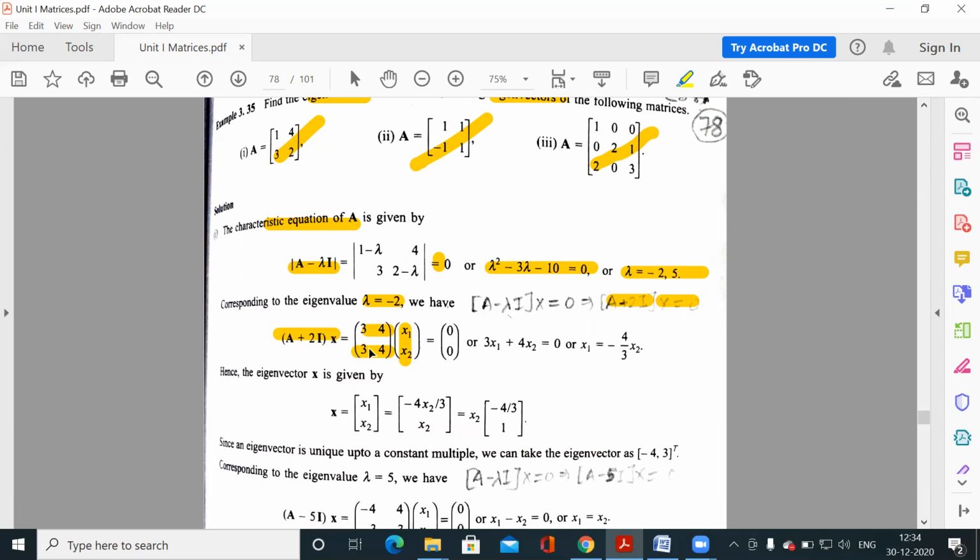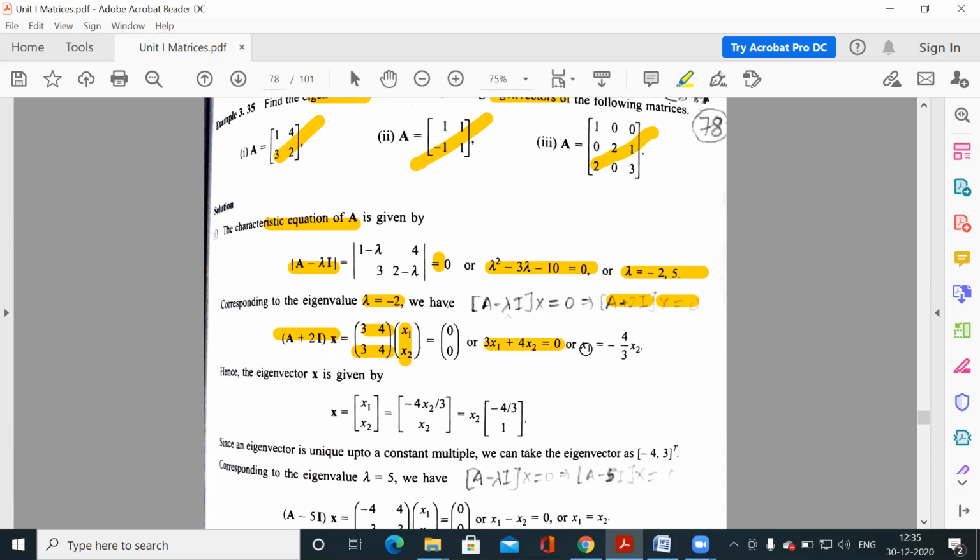If you solve this, because this is 3 4, you will make this in echelon form. Subtract this row from here: 3 minus 3, 4 minus 4, 0 0. So one row would be 0 and only one row is non-zero. How many variables are there? 2. So for 2 variables, rank 1, 2 minus 1 means one variable would be independent. Clear? So the equation is 3x1 plus 4x2 is equal to 0.